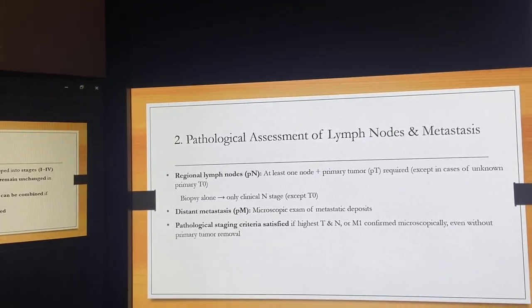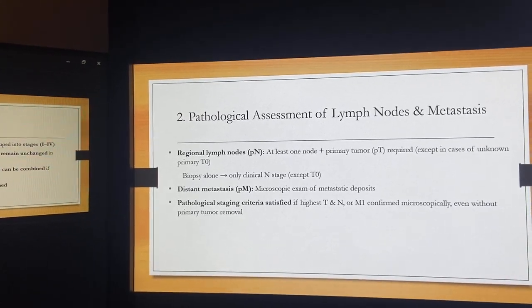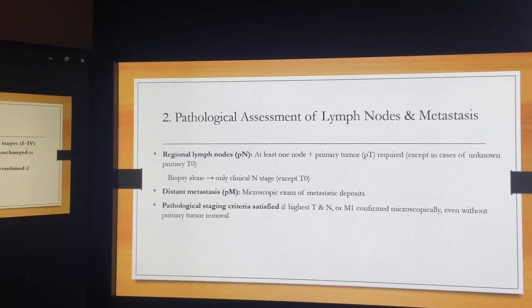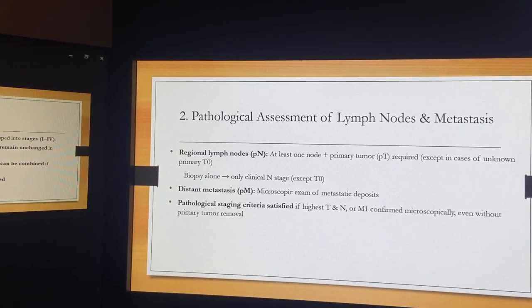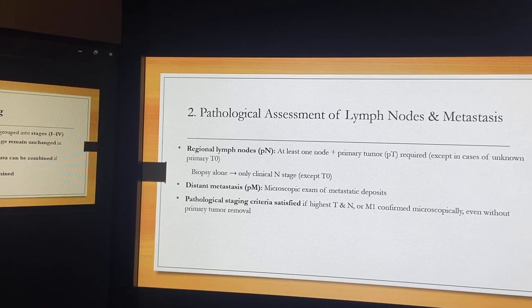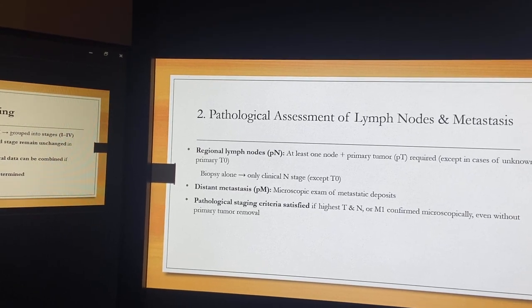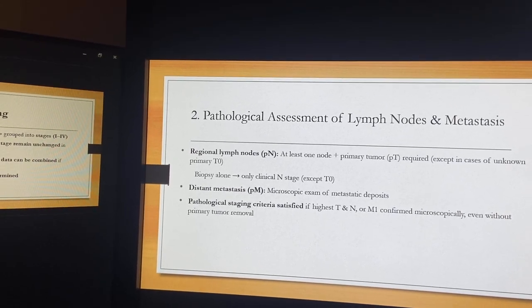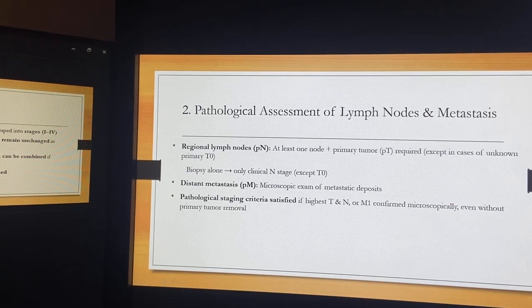For distant metastasis, microscopic confirmation of the metastatic deposit is required. However, if the highest T, the highest N or M1 can be confirmed microscopically even without removing the primary tumor, then pathological staging criteria are met.